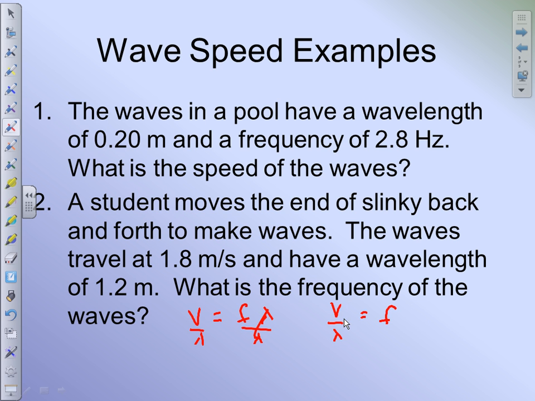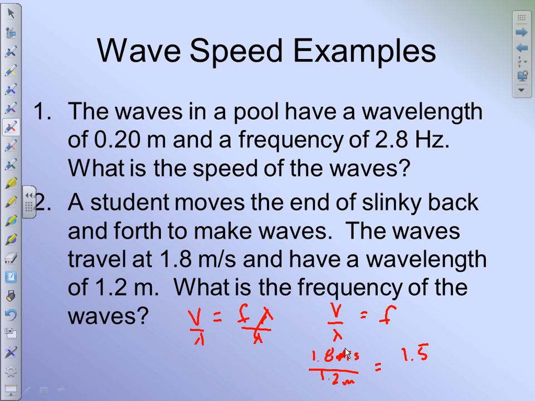Then you just plug things in. It told you that the speed was 1.8 meters per second. It told you that the wavelength was 1.2 meters. And so numerically, we end up with 1.5. What's going to happen to our meters here?